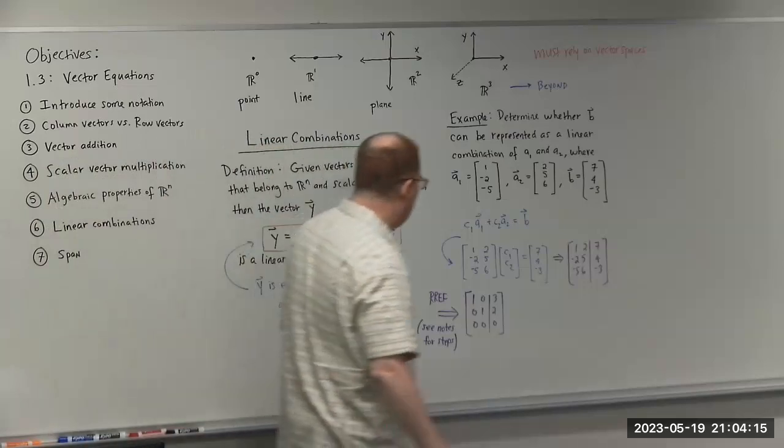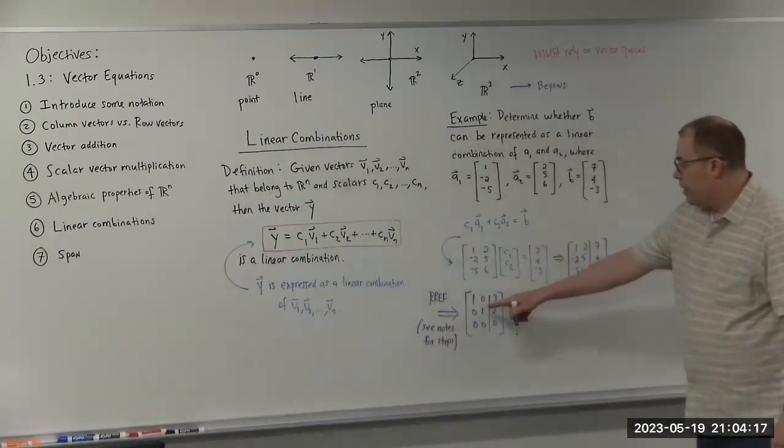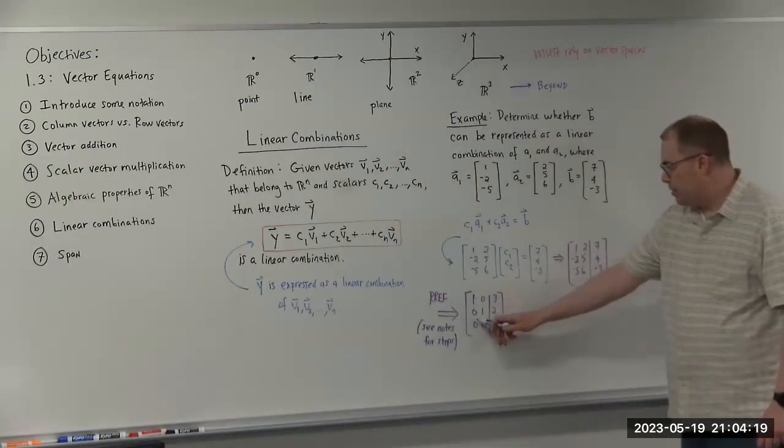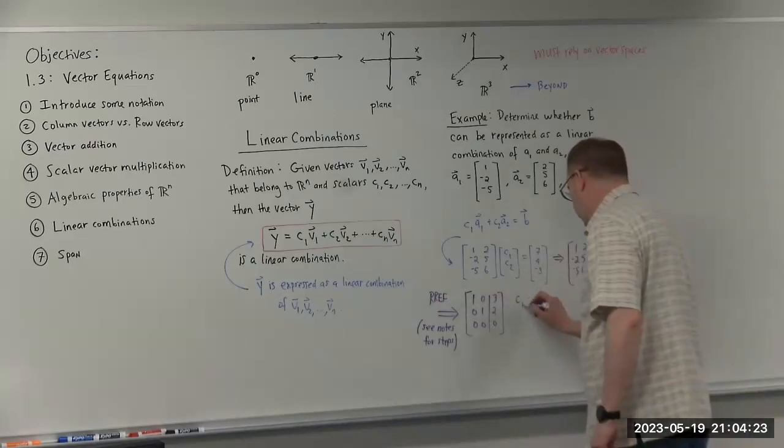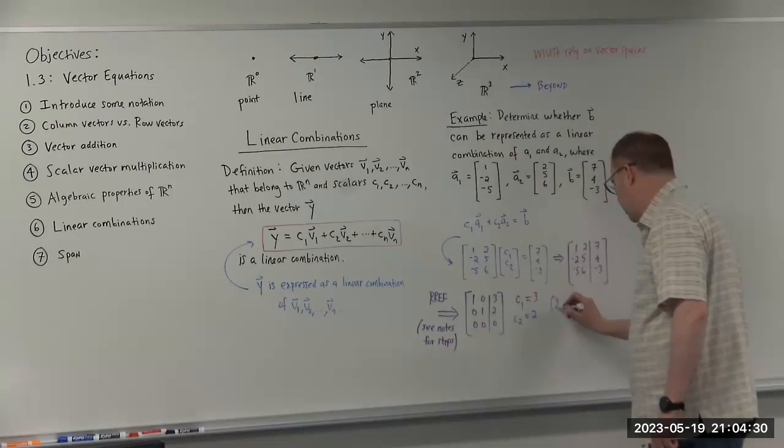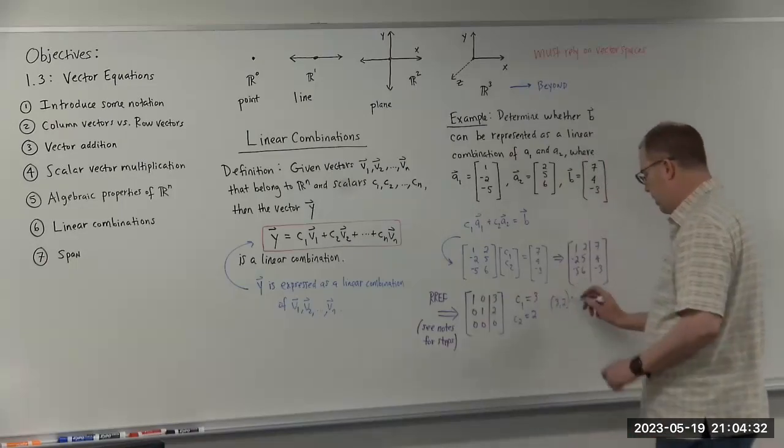But the point is, this is what we need. Remember, here's the column for C1, here's the column for C2. So we have our solution. C1 is equal to 3, C2 is equal to 2. Therefore, that is our solution.